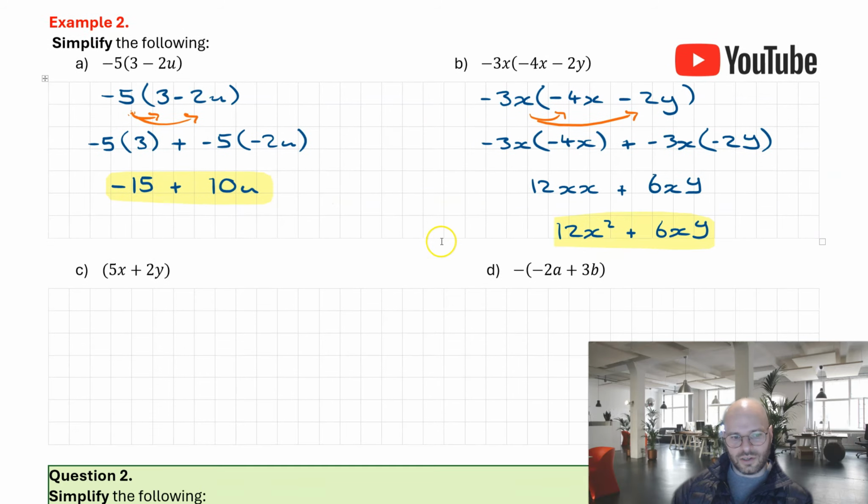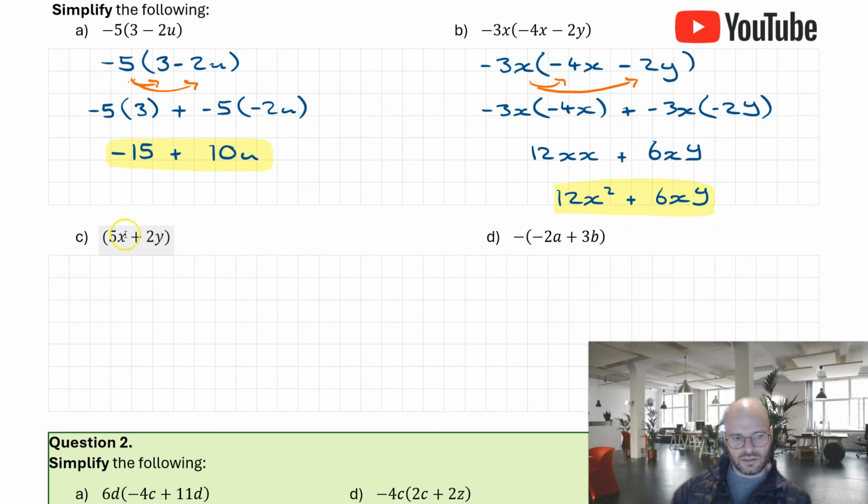Okay, next degree of difficulty, something that looks a bit odd. We have, in brackets, 5x plus 2y. Notice that we don't really have anything outside the bracket, but what that means is there's an implied 1. The 1 is going to imprint itself on the 5x and the 2y.